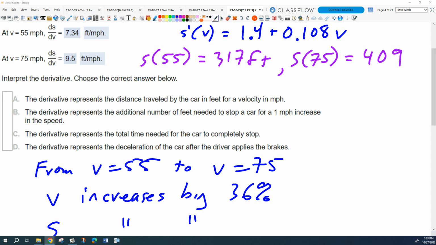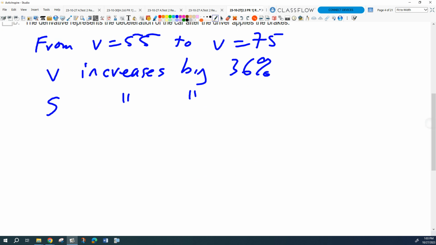We must have calculated S of 55 wrong. Okay, we did. S of 55 is 240. There we go. Okay, I knew something was wrong there. So then that's about a 70% increase.